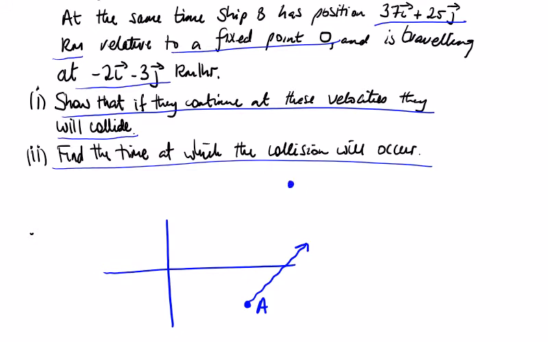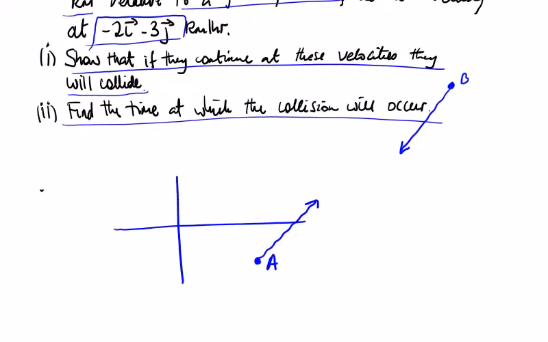So he's up here somewhere, ship B. And he's traveling in a minus direction. So he's going down. Now he'd be much more over in this direction, so I'll put him over here actually just to do a proper sketch. B is going in this direction here, in the minus direction. So something like this for the sketch. So show if they continue at these velocities, they will collide.